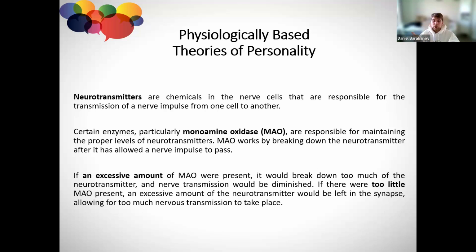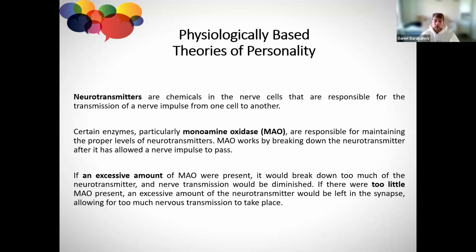But if there is too little MAO present in the synaptic gap, an excessive amount of the neurotransmitter will be left, so there is no cleaning in the synaptic gap, and it will affect neuron transmission. It would be too excessive, too strong, too much. So in normal cases, we have enough MAO in synaptic gaps, so everything works properly, but there are some small differences between people in the amount of MAO.